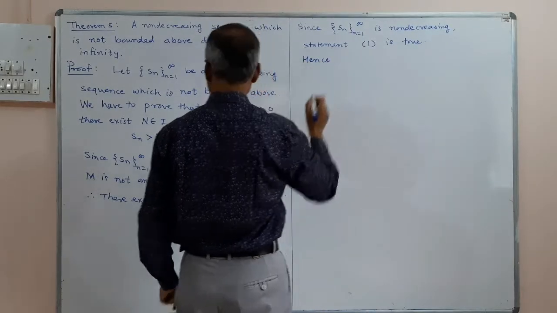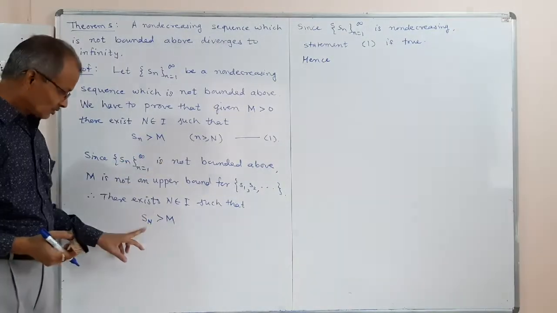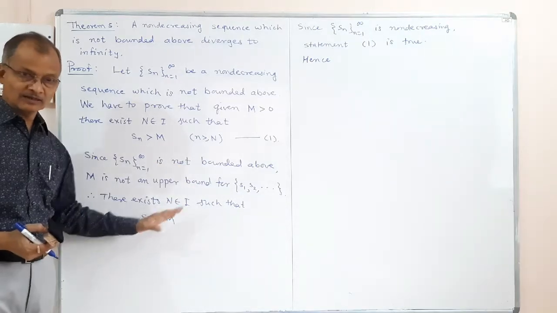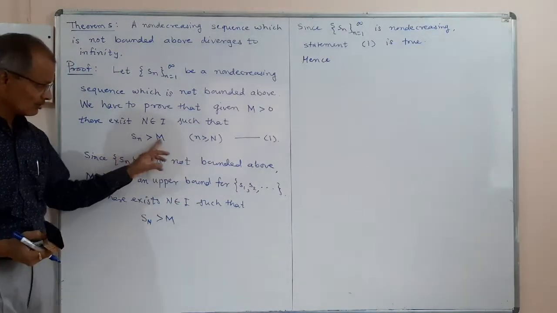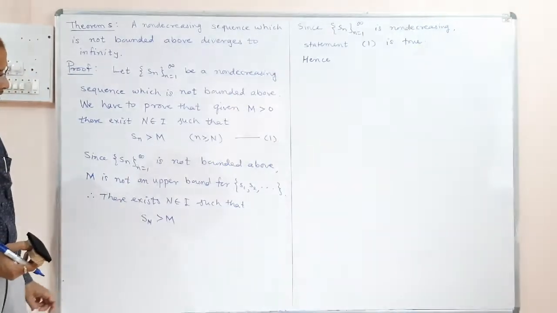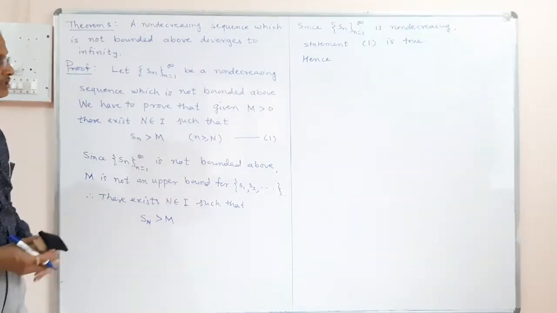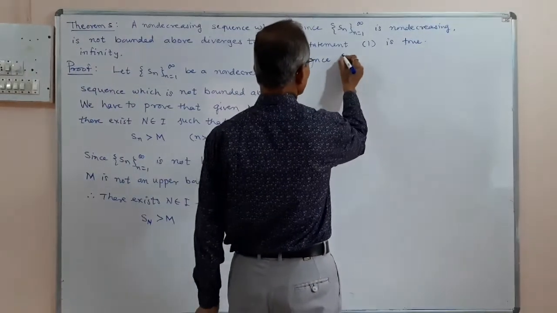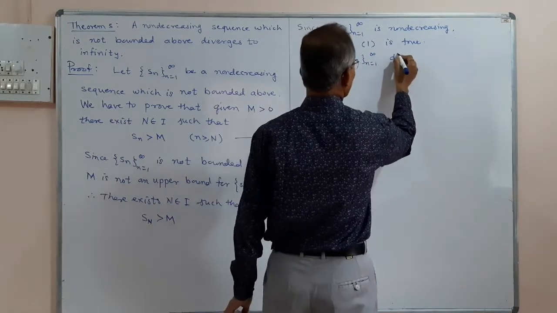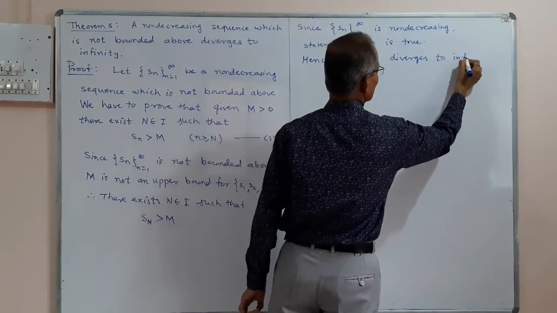Statement 1 shows that this particular term is greater than m, and then after that the terms are increasing, so those terms are also greater than m, and the sequence is not bounded above, and therefore the sequence diverges to infinity. Hence Sn diverges to infinity. So this proves the result.